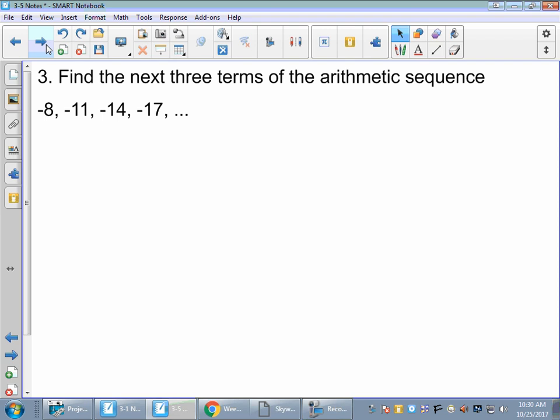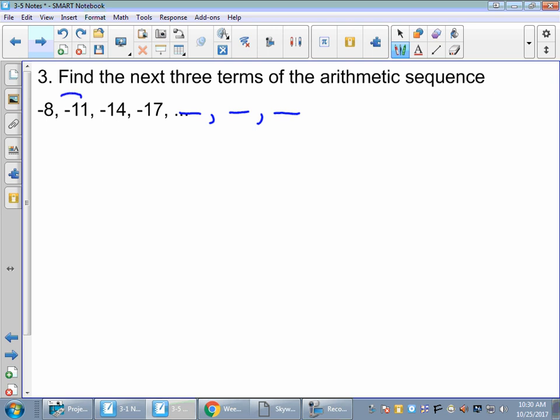In number 3 here, it's telling me to find the next 3 terms of the sequence. So they're telling me it is an arithmetic sequence, and they want me to find the next 3 terms. Instead of dot, dot, dot, we should have a line to continue the sequence. So I've got to figure out my D value. I can tell that the numbers are getting smaller, even though they look larger, because they're negative. So my D value is negative.